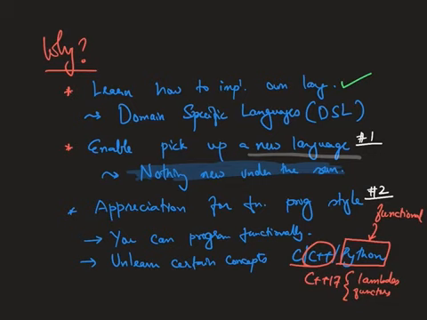Those are things you would have encountered in this class. And I would say learning how to implement your own programming language comes in at number three because of the increasing popularity of domain-specific languages. I hope all of these reasons are enough to appreciate the material in this class.